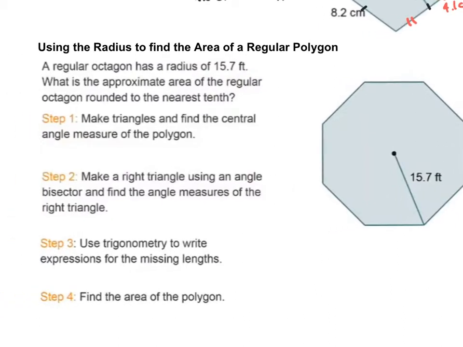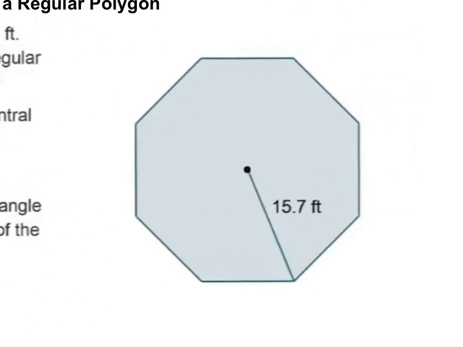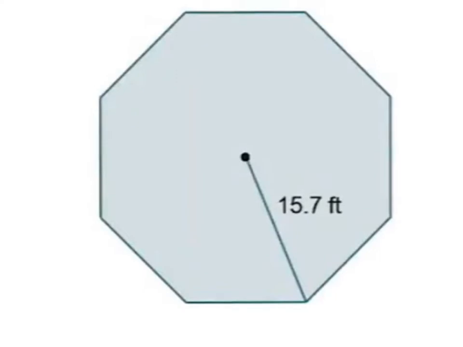But what I need to do is use some trigonometry and some other things to figure out this area. This is where it gets tricky. So what I want to do is take a look at my polygon and make a triangle here, making another radius.